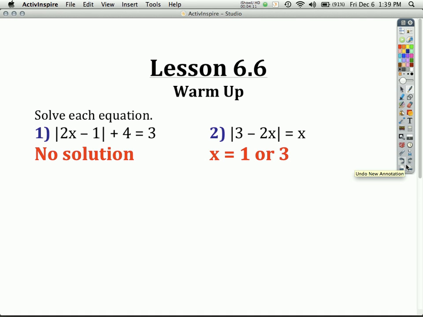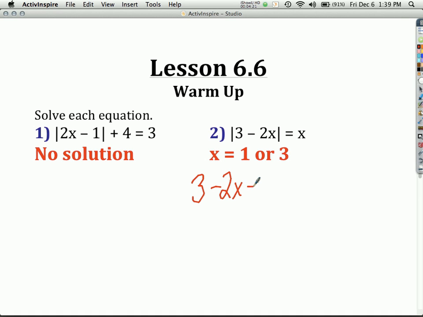Once you have the absolute value isolated, you have to rewrite it as 2 equations. 3 minus 2x equals x. And then it's going to be 3 minus 2x equals, Sharik? The opposite of x, or negative x. Now solve both of those.